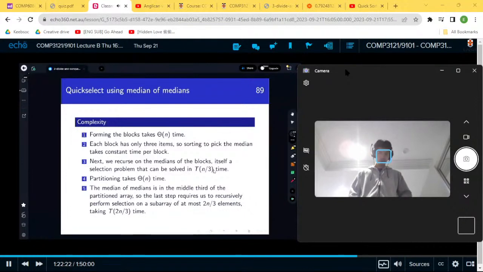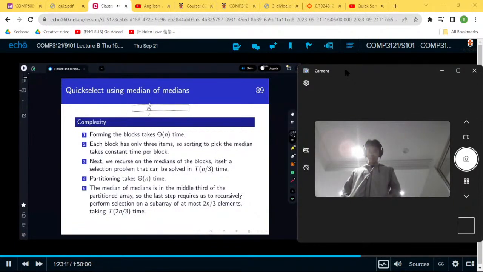And then what we said is we're guaranteed that the median of medians is in the middle third of the resulting array, right? So if we take our array, in the worst case, the median will be exactly at this 1/3 mark.